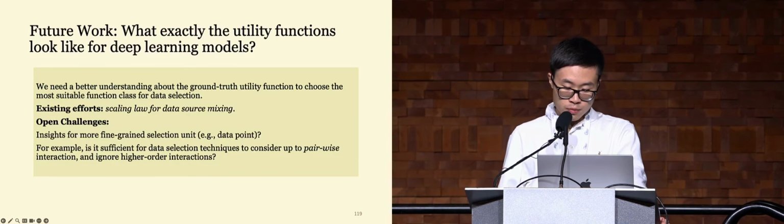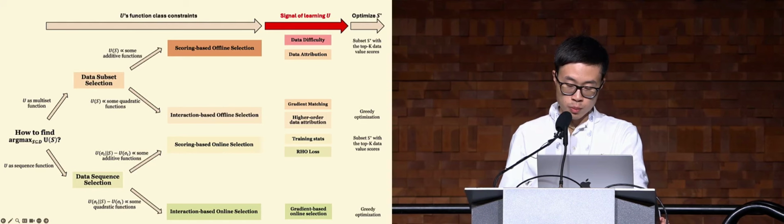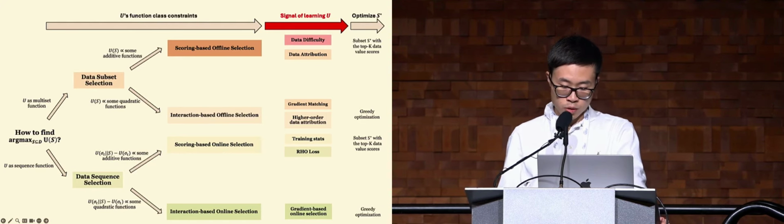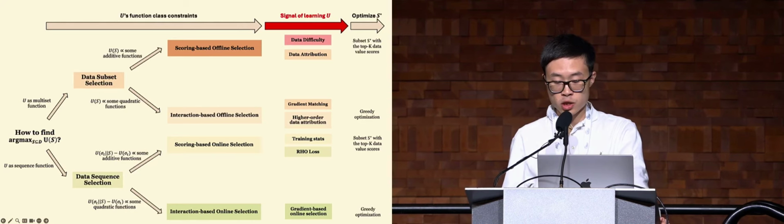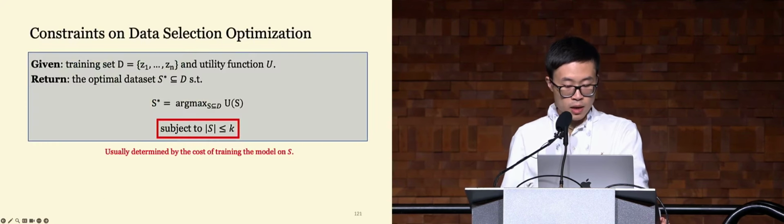For example, most of the methods so far only consider up to pairwise interactions between data points, which is essentially treating the utility function as a quadratic function. Whether the third or even higher order interactions are small enough that we can safely ignore them in data selection is unclear.